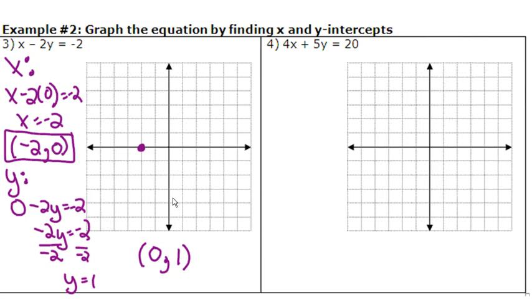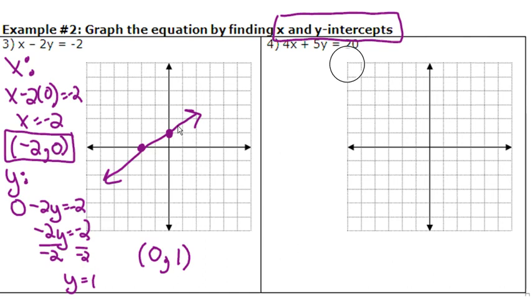So on my y-axis, I make a point at 1. Once you are done, you need to connect the 2 points to make your line. So I just graphed the equation. So doing this, you should always have a point on the x-axis and a point on the y-axis.